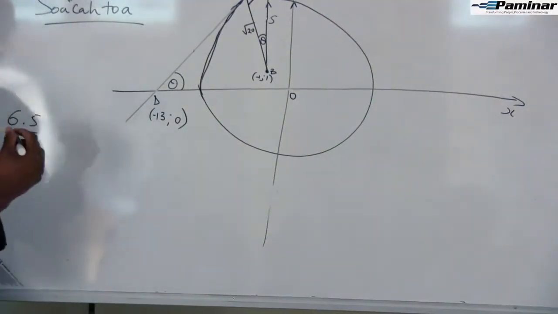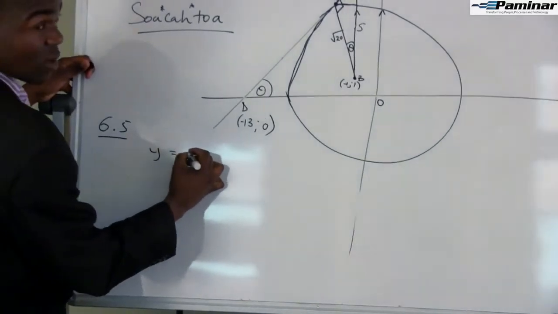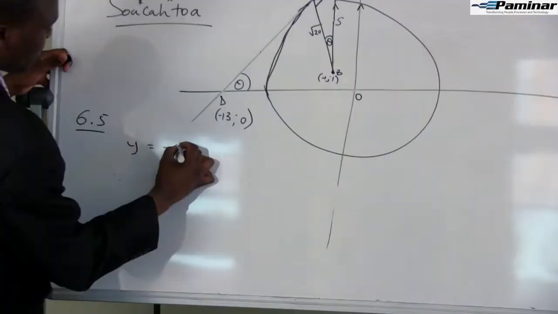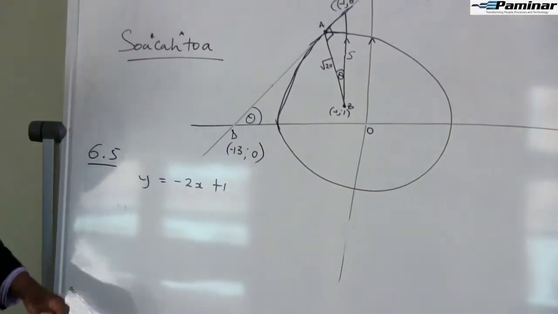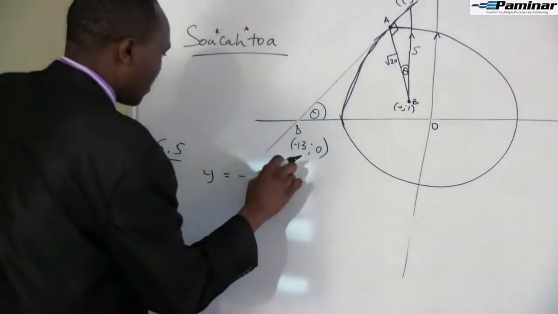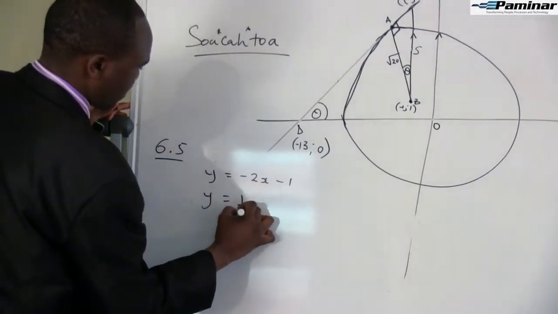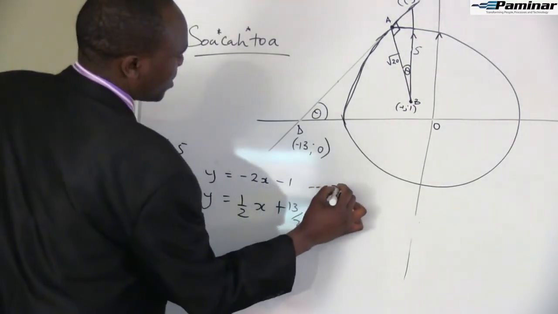Now to determine the coordinates of this, the first equation we said y is equal to minus 3x minus 1. And the other one, y equals half x plus 13/2.